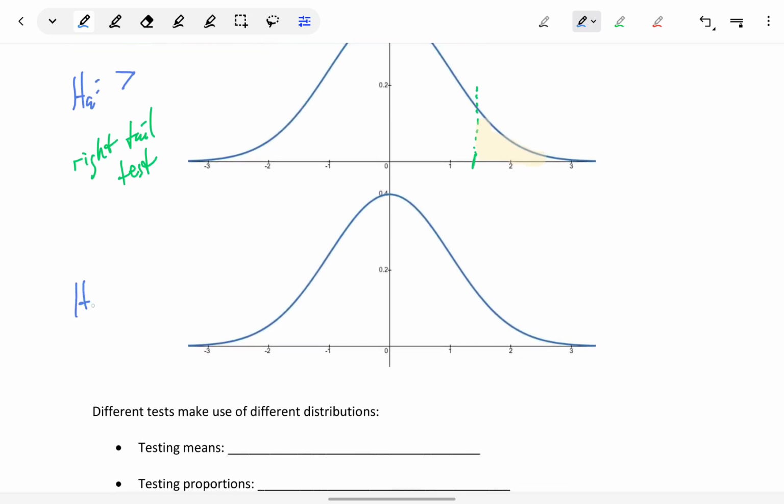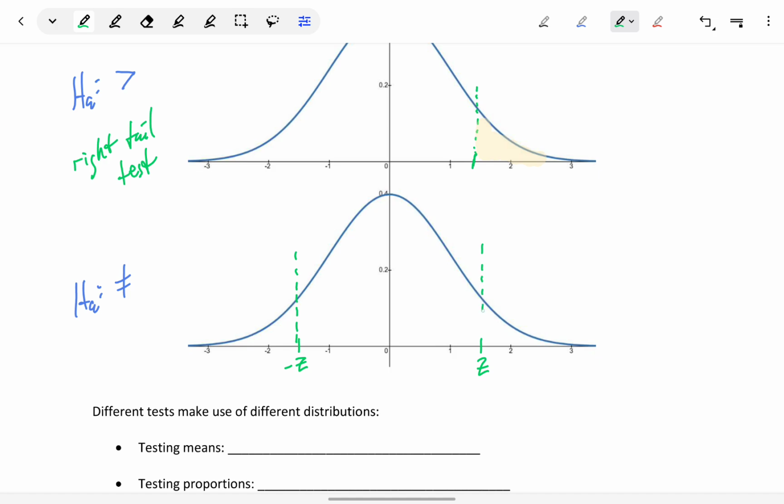And then our other alternative hypothesis is a not equal to statement. In this case, we calculate a test statistic, whatever value that happens to be, and we also find its opposite value.